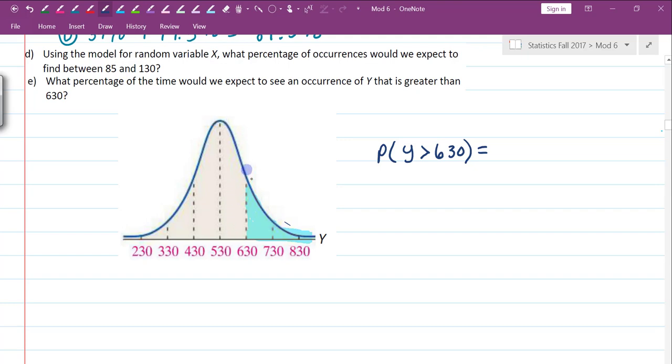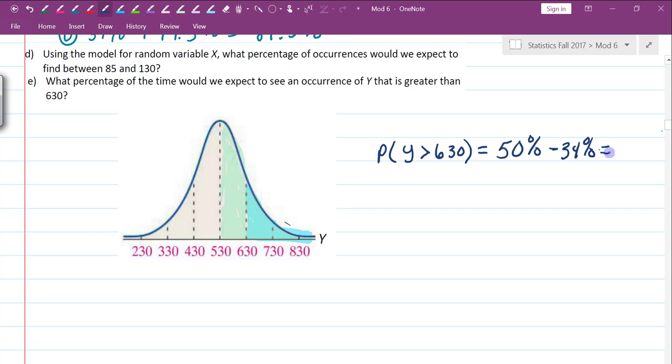And I know that from the mean to one standard deviation, this green part right in here, is 34% of the data. The mean plus and minus one standard deviation is 68%, but I'm only looking at this half, so that's 34%.